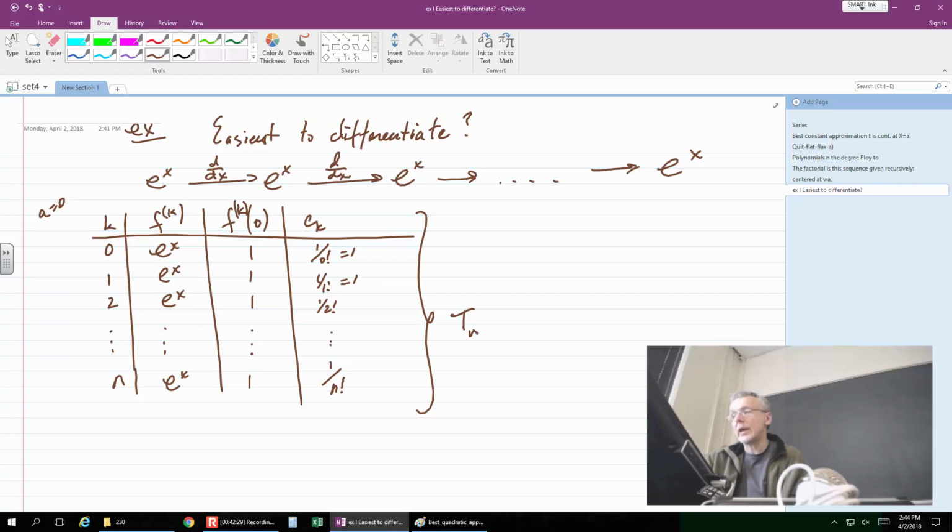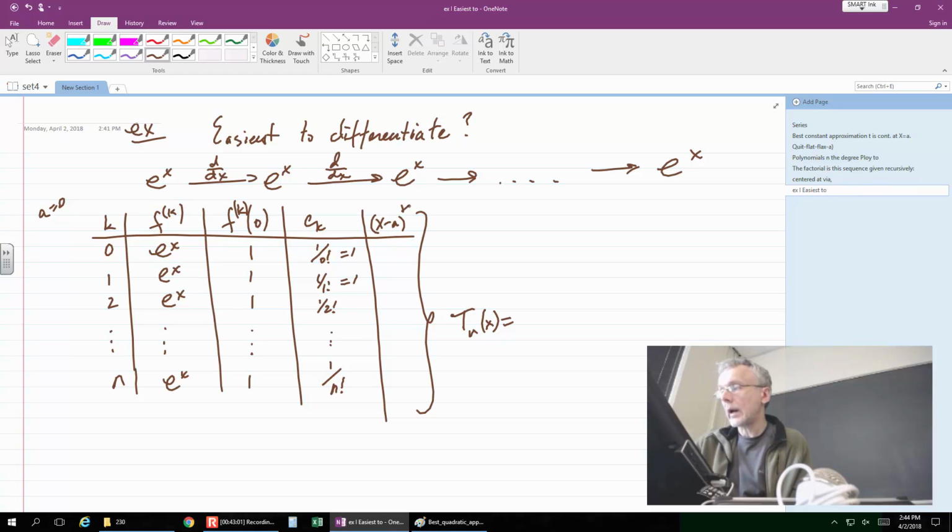But we know that now that we have this, this will give me Tn. These are the coefficients of my Taylor polynomial of degree n for the exponential function, and I can write it now easily. Let me make our life slightly easier.